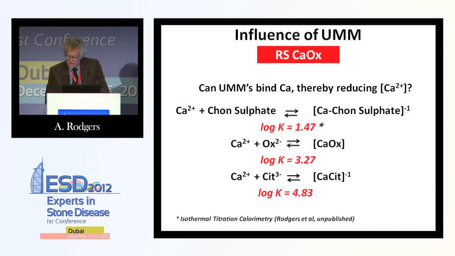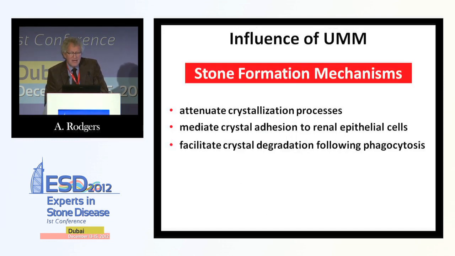Also, it's in very low concentration. So if macromolecules are playing a role, they would be affecting other mechanisms besides the saturation. And here are three well-known, published and established mechanisms that the research community have published and investigated and confirmed.